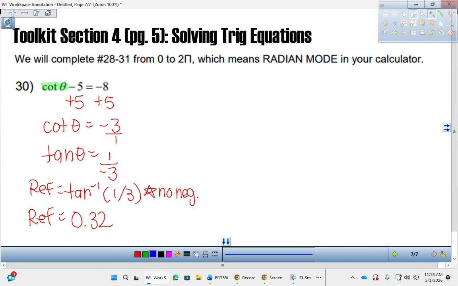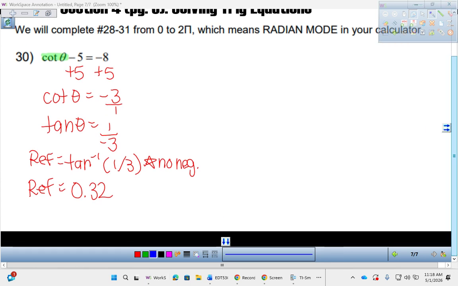If you're having trouble getting started, I added the 5, and that gave me a cotangent of -3. The reciprocal of that would be -1/3, which would be tangent, because tangent is just flipping that fraction. For the reference angle, it's tangent inverse of 1/3, not -1/3. If you do -1/3, you won't get the right reference angle.